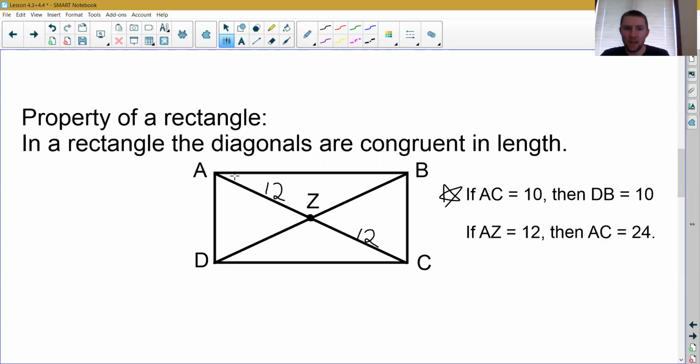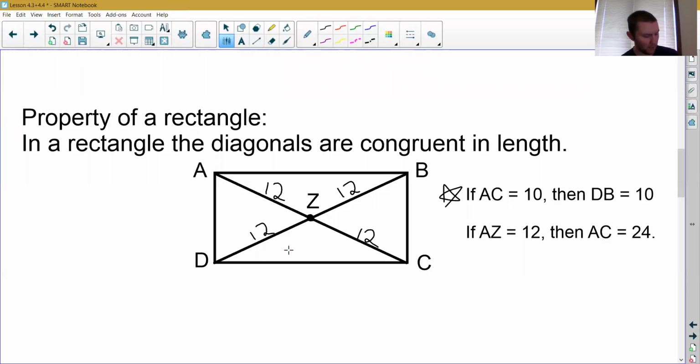Okay, but if the distance from A to C is 24, then D to B is also 24, right? Because that's our property of a rectangle. And then each of these pieces has to be half of that as well. So each of those is also 12. So all 4 of these pieces have to actually be the same length, okay, when we have a rectangle.